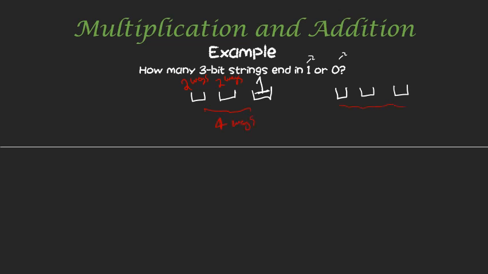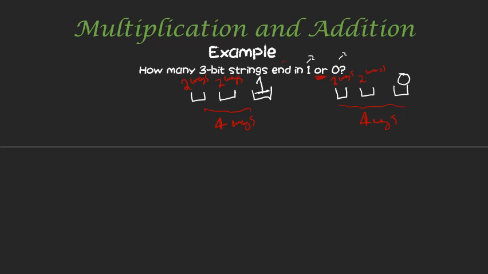And then here, this one ends in a 0. And again, we have 2 ways to pick a 0 or 1, and then 2 ways to pick a 0 or a 1 there. So again, we have 4 ways. And so now we ask ourselves, what should we do with these two 4s? We're talking about doing one of these things or the other one.